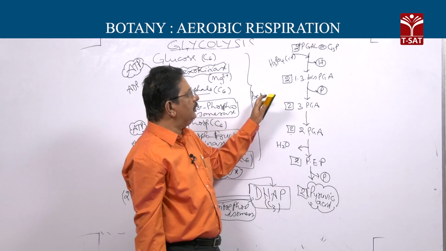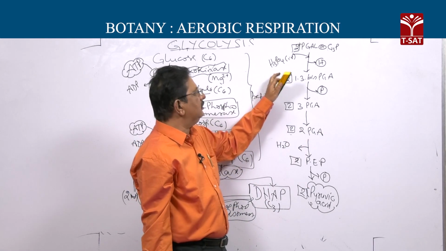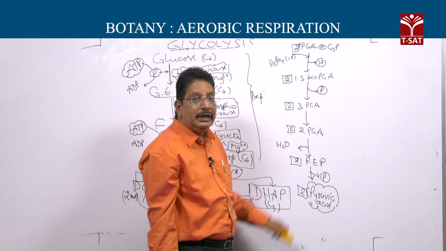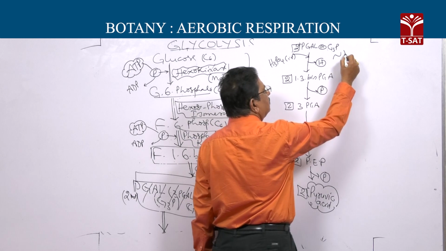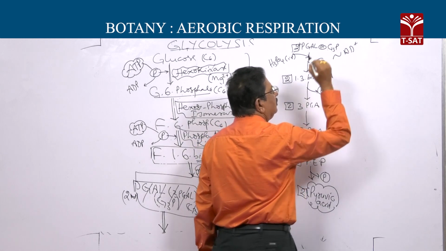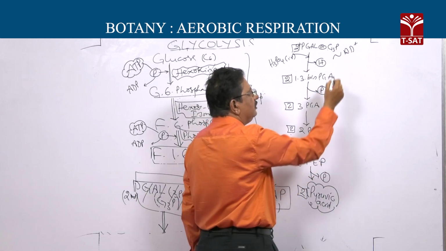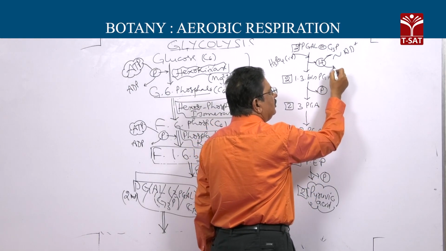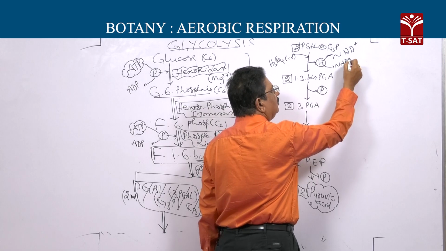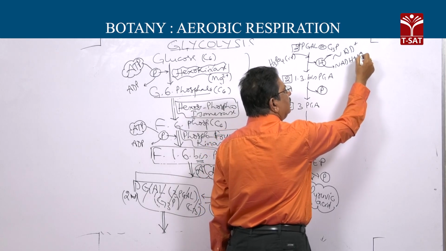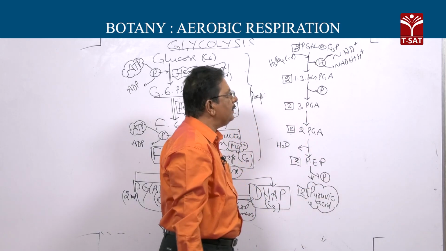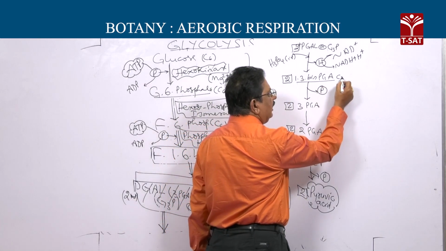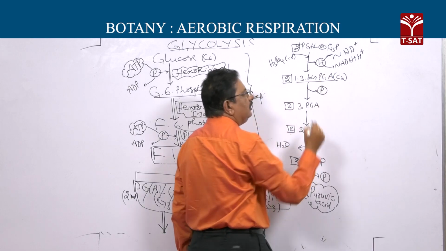So, PGAL plus H3PO4 plus NAD plus, because the hydrogens removed at this stage are accepted by NAD plus, which is converted into NADH plus H plus, and forms 1,3-bisphosphoglyceric acid, which is another C3 compound.